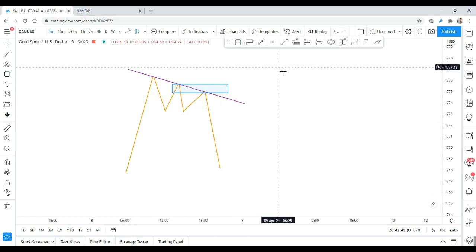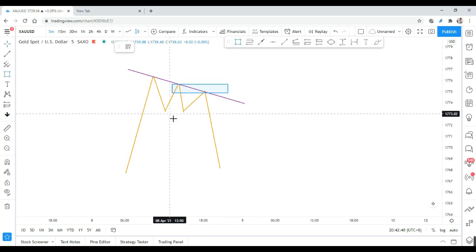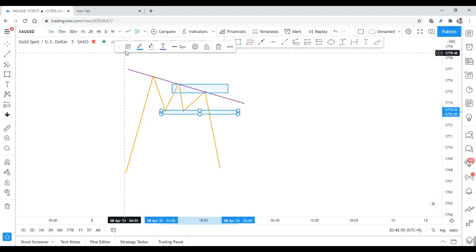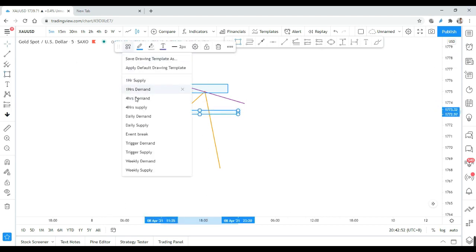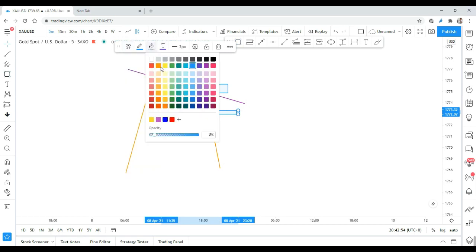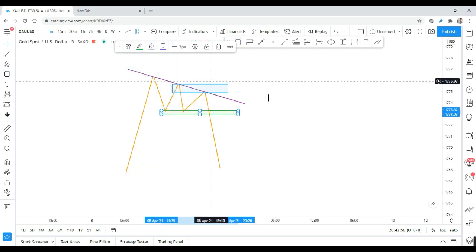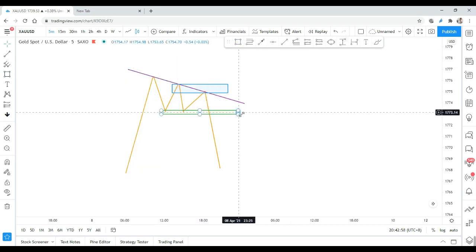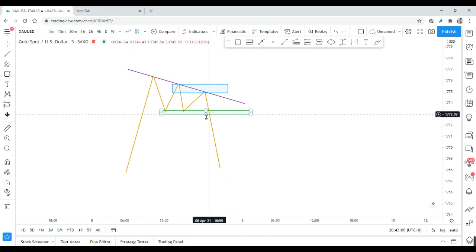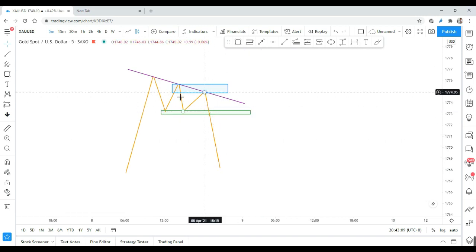The second opportunity is that you need to look at this area. Once it breaks the previous low, it will form a supply zone, or drop base drop in this case.